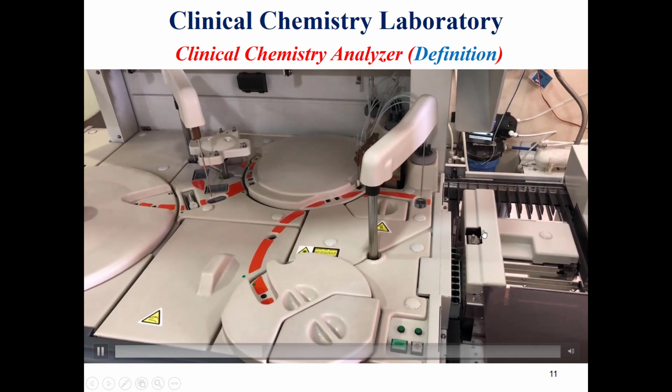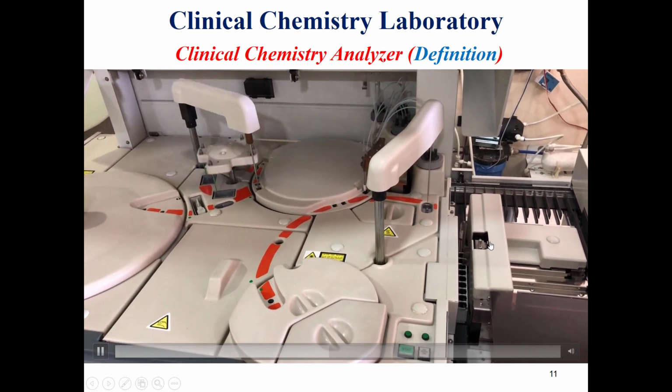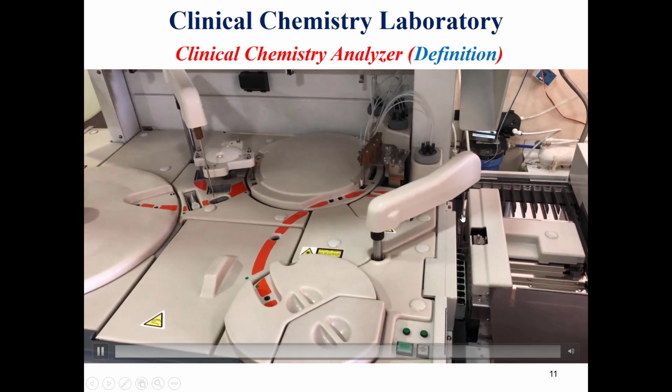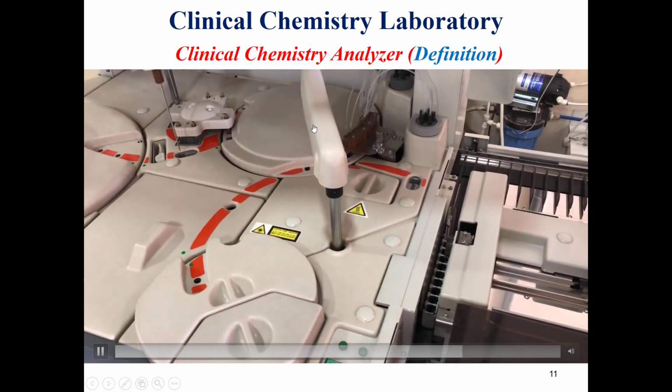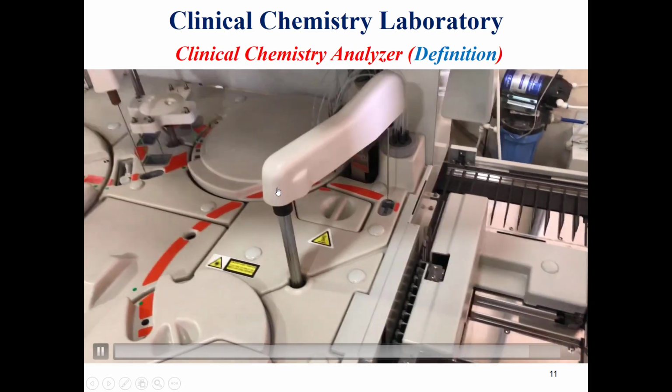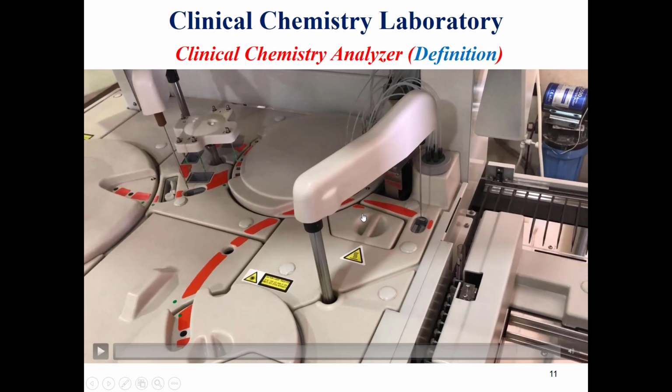We can see here the aspiration of the sample by the sample probe, and the dispensing in the cuvettes or the reaction cells in the photometer. We also can see the movement of the reagent probe, which aspirates the reagents.